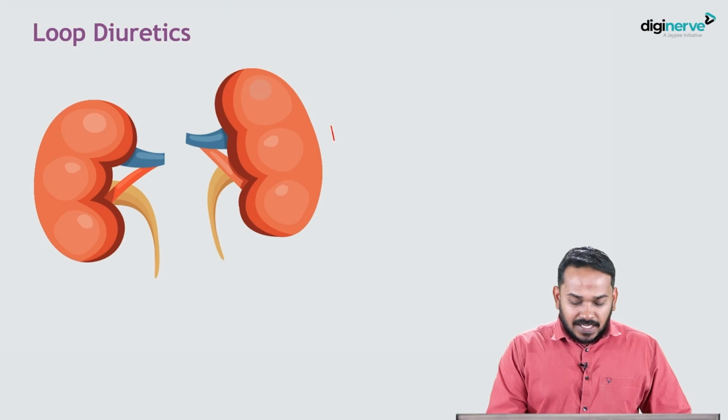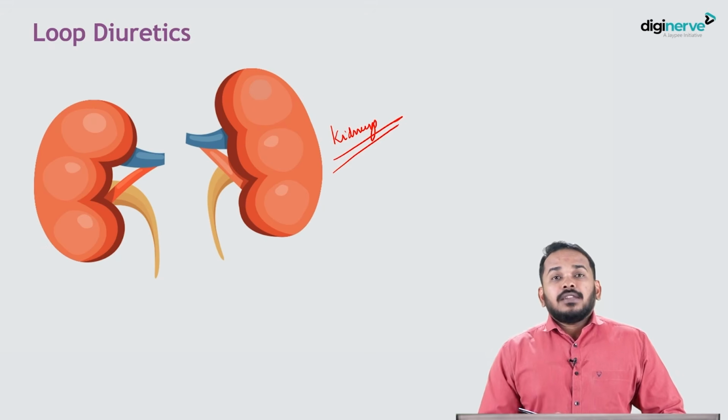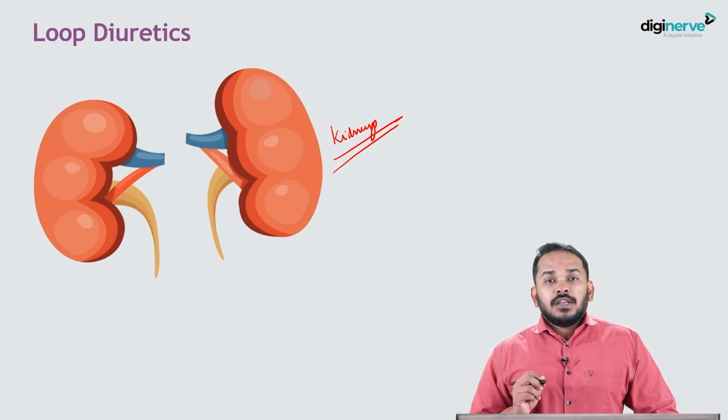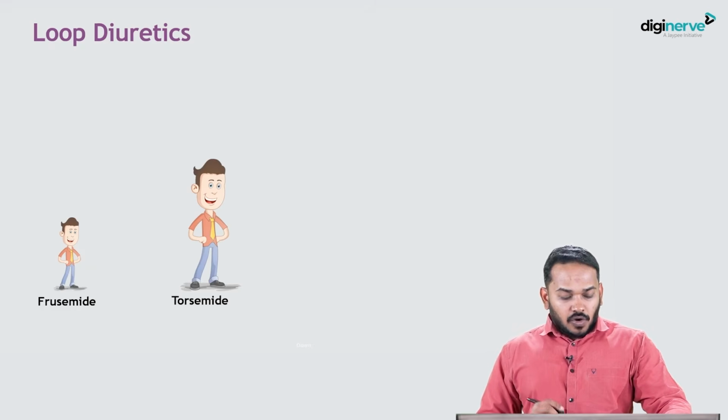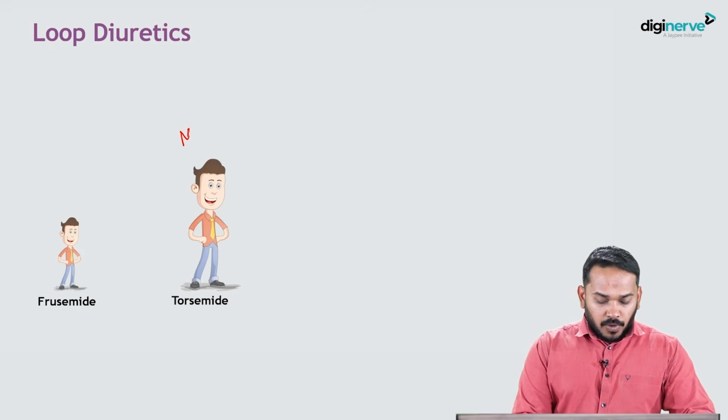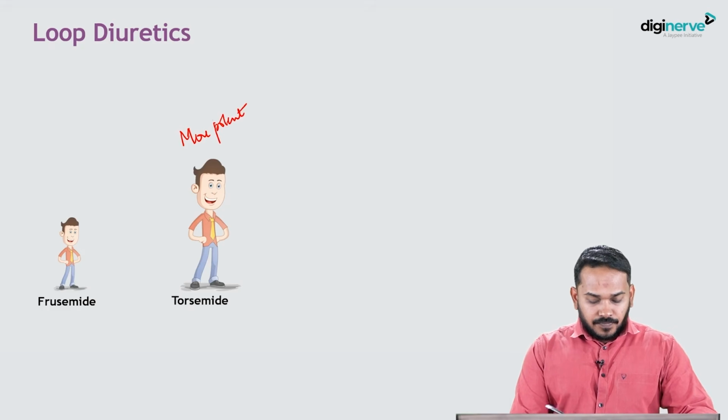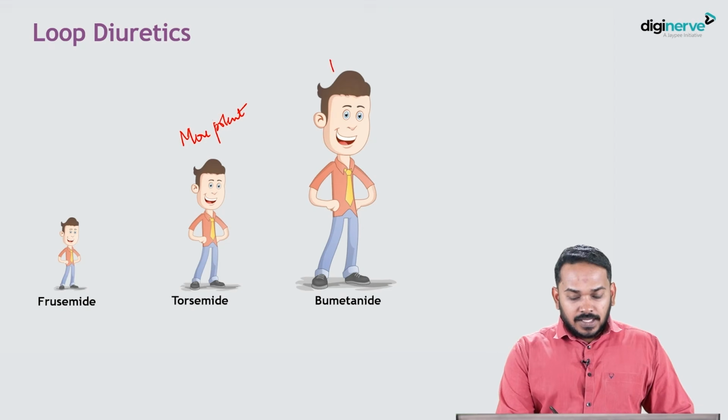Loop diuretics are eliminated by the kidneys, hence the dose should be reduced in patients with renal failure. Torsemide is more potent than furosemide and bumetanide is even more potent. So the most potent loop diuretic is bumetanide.